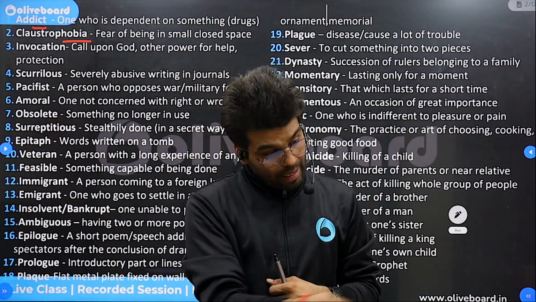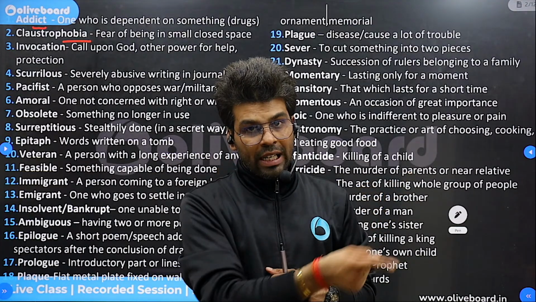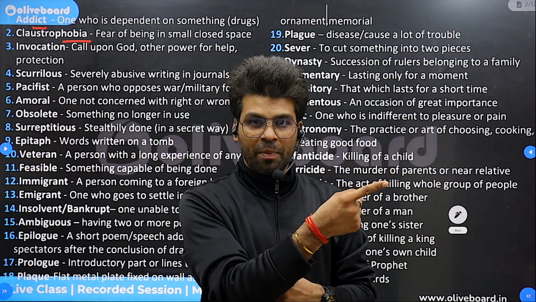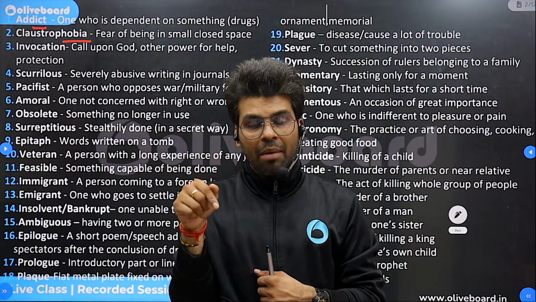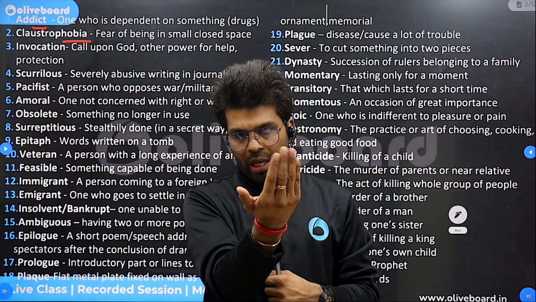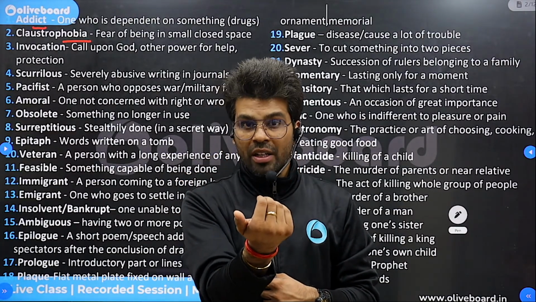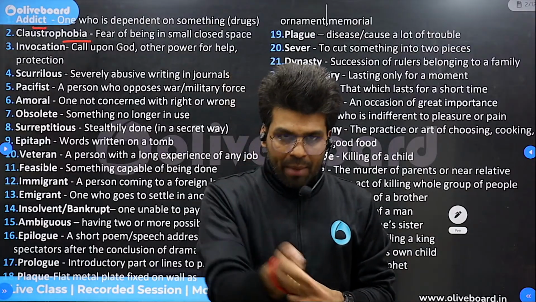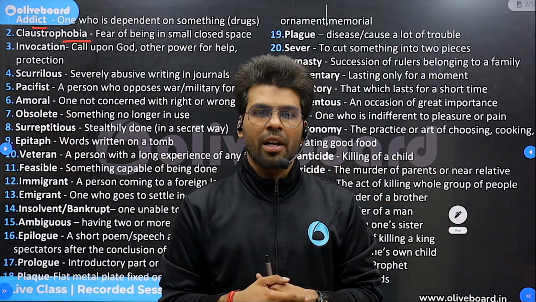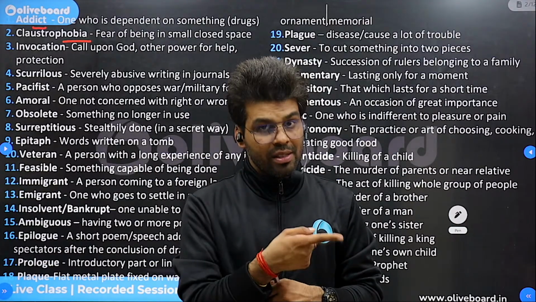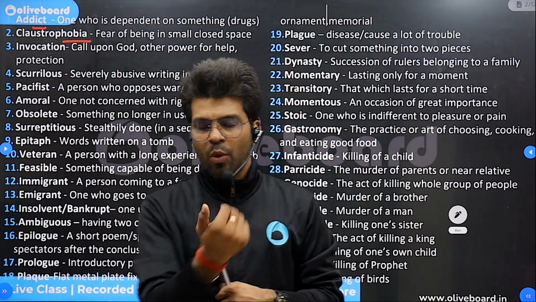Emigrant, the one who leaves one's country. And immigrant, from in plus migra, N becomes M because of M. So immigrant, the one who comes to a different country in order to settle there. Emigrant, the one who leaves one's country in order to settle in a different country. Emigrant, E for exit. Immigrant, N, the one coming.